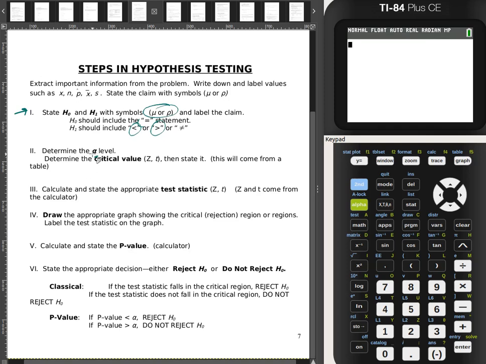So this is an arbitrary value that's chosen by the researcher, depending on how much they want to avoid making a type 1 error. And then the critical value, of course, is the z or t value that corresponds to this level, which also has to do with whether it's a left tail or right tail. The critical value is what separates the critical region, which has an area equal to alpha. That's the area of this left-tailed test, for example.